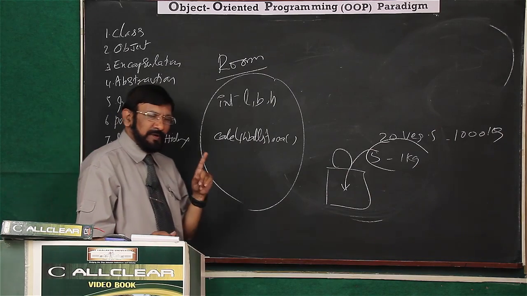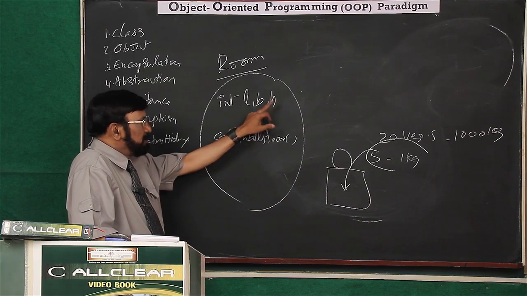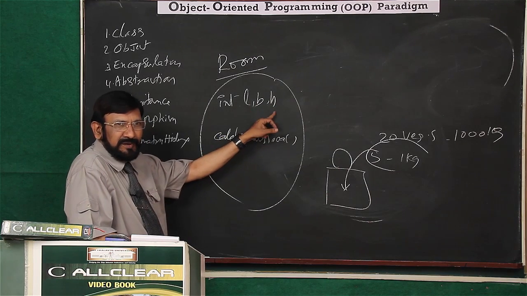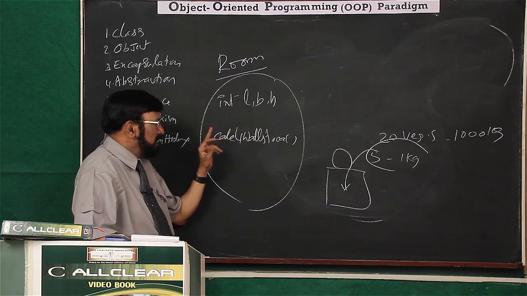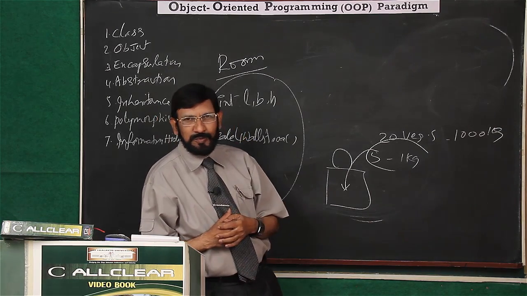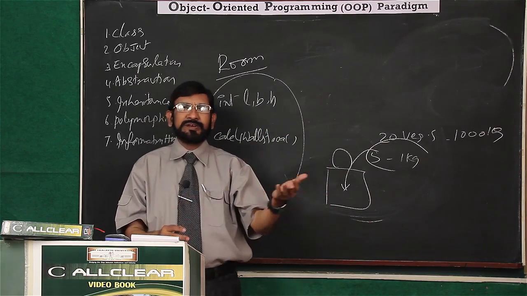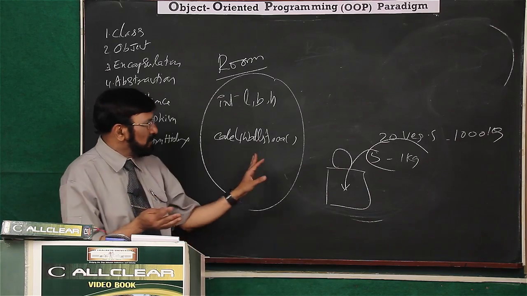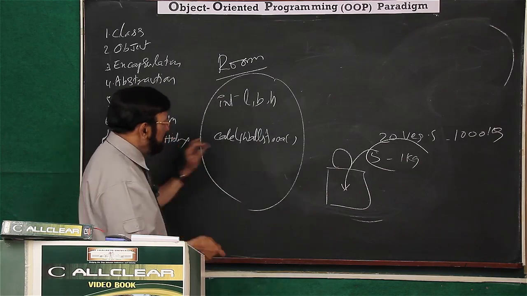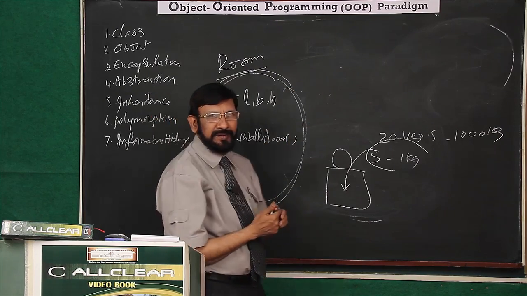But for the second client, the painter, you are taking L, B, H. Look at the essential. And you are not taking floor area, you are taking calculate four walls area. What is your behavior? Take whatever is required, ignore the rest. Your behavior is that. And then you are encapsulating.